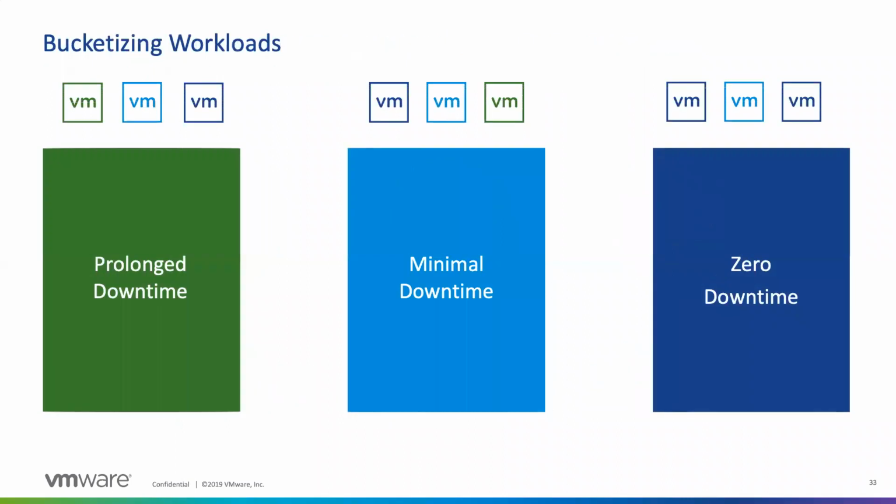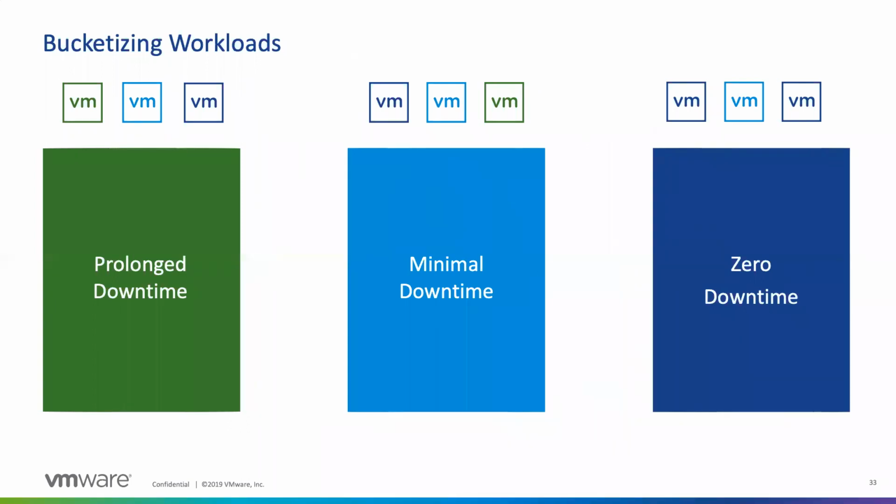Okay. So the first step I always go through is I start at the most basic level and I look at the 3 classes of workloads and try to bucketize these: prolonged downtime, things like test/dev, that can be down for a day and nobody really notices.